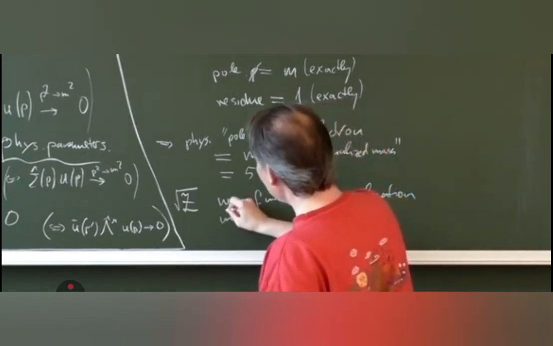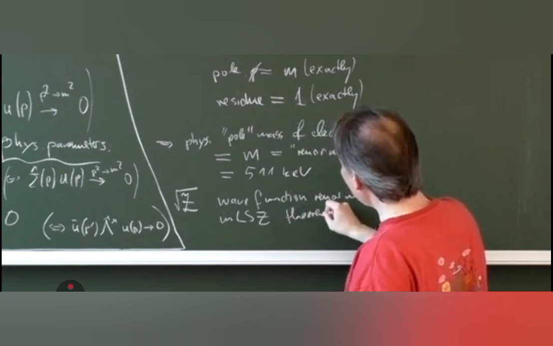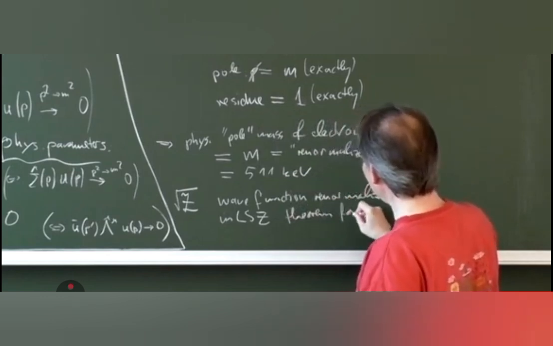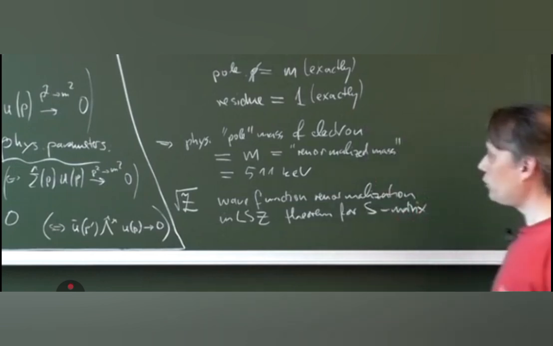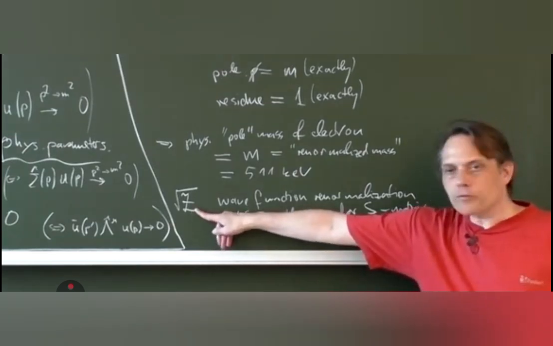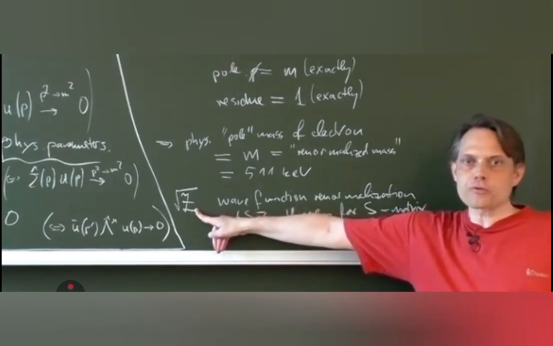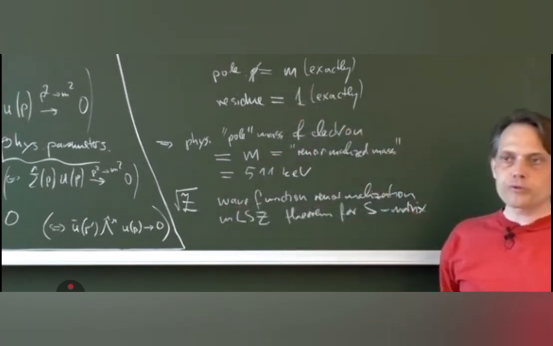In the LSZ theorem for S-matrix elements, where the LSZ theorem tells you in complete generality how to compute S-matrix elements at higher orders. And the calculation involves a multiplication with such square root of Z factors, where the square root of Z comes from the residue of propagators.